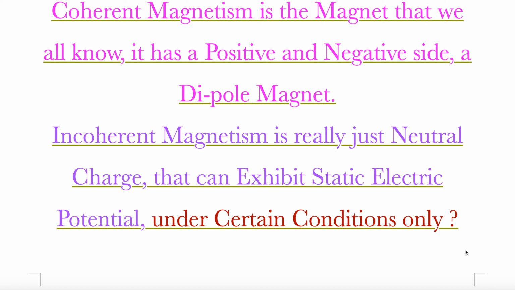Incoherent magnetism is basically just neutrally charged matter that has the ability to exhibit static electric potential, but only under certain conditions. You have to do a lot of nonsense to create the effect. You can rub a balloon off your hair and then stick it to a wall. But what has that got to do with things going down and up? I don't see the point.